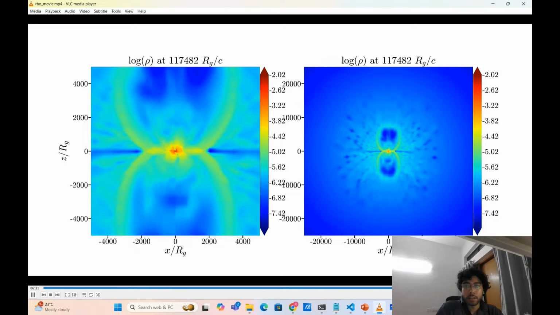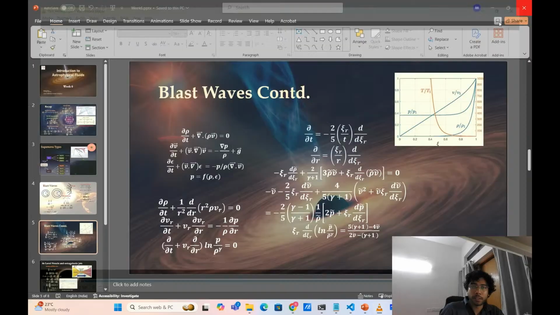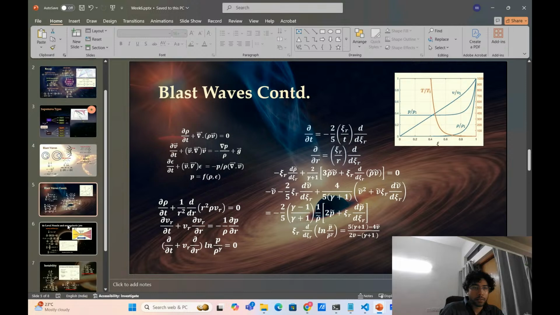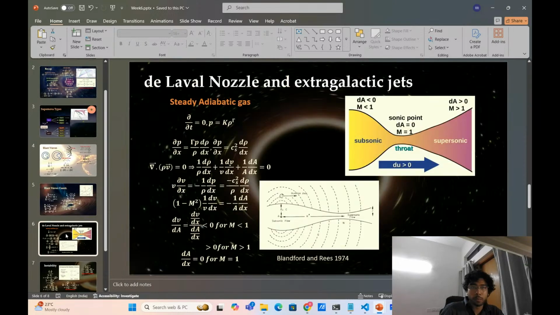Well, these timescales are not of the order of a few days, obviously, but if you evolve this system for long enough, that's what you expect to see. All right, so that's all for supernova, and now let's move on to something else.